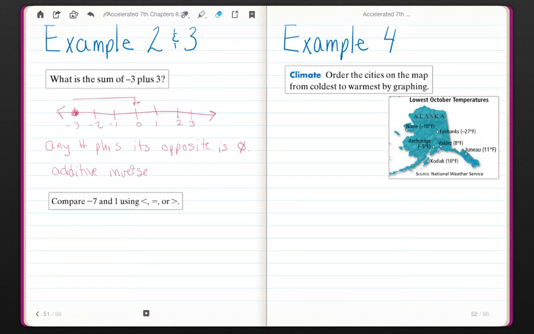We'll skip that. We'll actually come back to that later. Okay, just know this. This is the super important part. Any number plus its opposite is equal to 0.